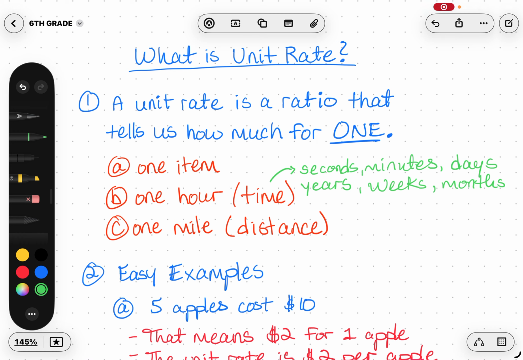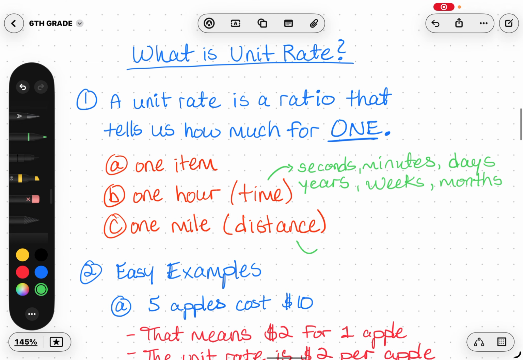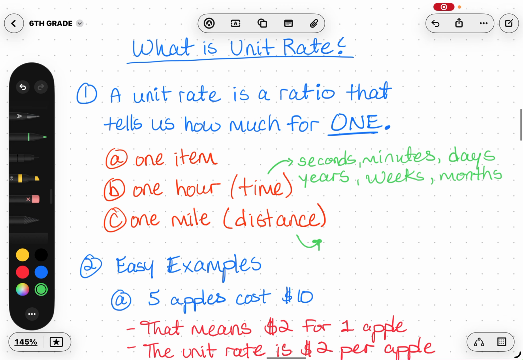Now, mile is a way that we measure distance. So instead of saying for 1 mile, they could say for 1 yard, kilometers, inches, centimeters, meters, or feet.